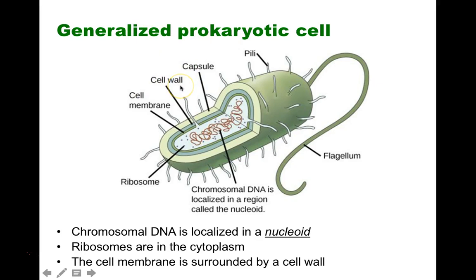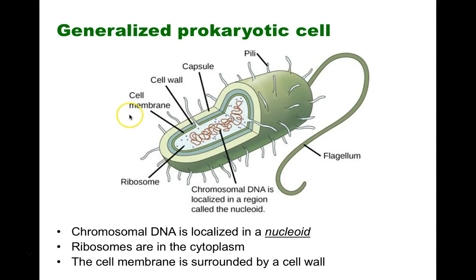In fact, many types of prokaryotic cells will have some kind of cell wall material that's either peptidoglycan or pseudopeptidoglycan. Just beneath the cell wall, if it is present, we're going to have the cell membrane. That's the fundamental outermost barrier of every kind of cell that we'd expect to find.